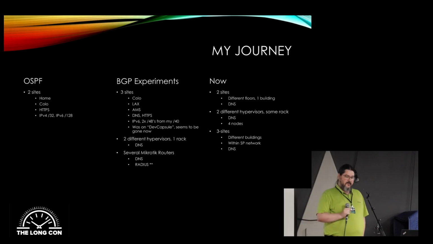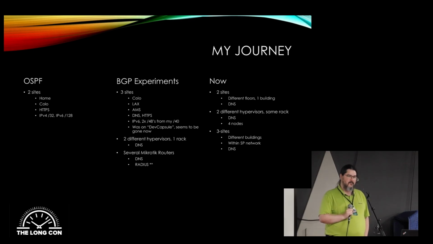And then the next experiment that I did after that was just 2 hypervisors in one rack. So again, 2 discrete locations, I'm really abusing that definition there, but if one of them went out, the other would have still been up, right? I've also experimented doing BGP Anycast on MikroTik routers, and I did that with DNS fairly successfully using the built-in DNS resolver.